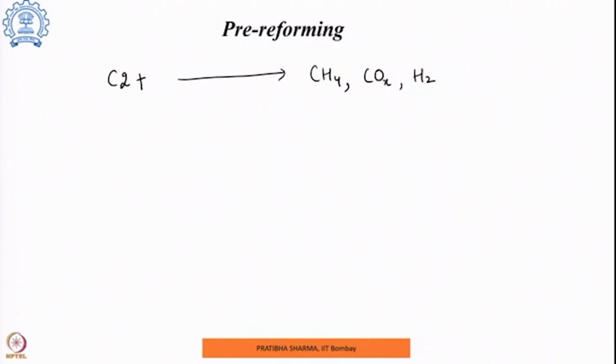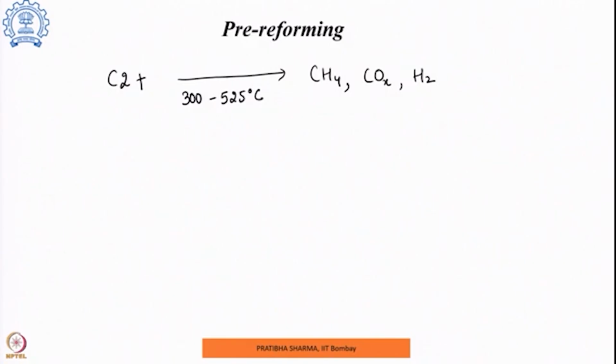So, this additional step is only in case of higher hydrocarbons being used, else in case of methane reforming this is not required. Now, the temperatures required for this conversion are somewhere between 300 to 525 degrees centigrade.